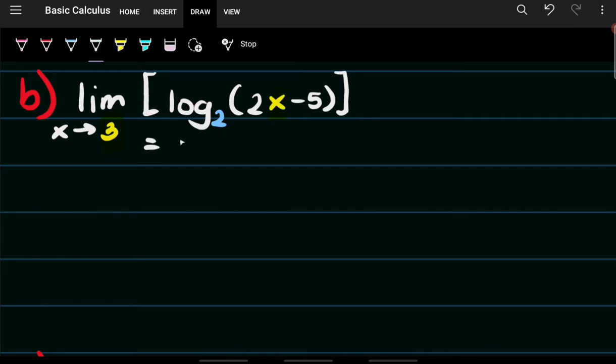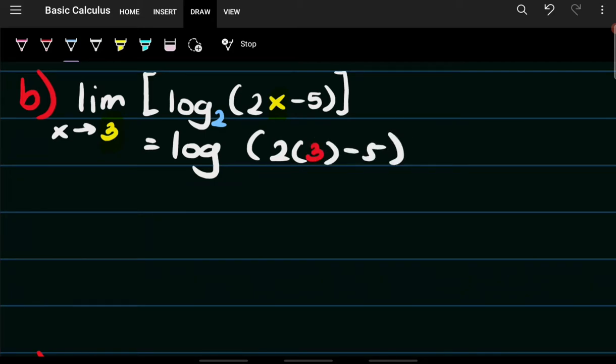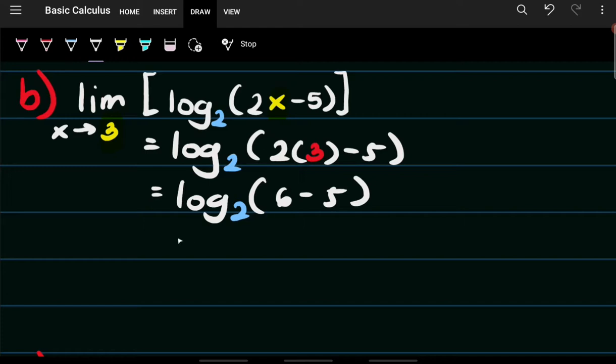This one will give us logarithm of 2 times the value of a, which is 3, and then minus 5, and then the base is equals to 2. Now let's simplify. This is equal to logarithm of 2 times 3 is 6, minus 5, base 2. 6 minus 5 is equals to 1. So we have logarithm of 1 and then the base is 2.